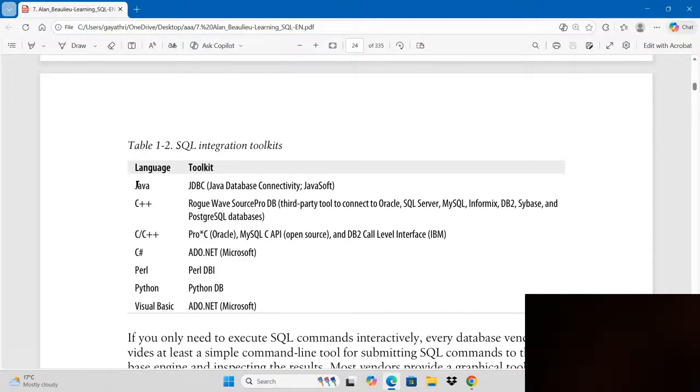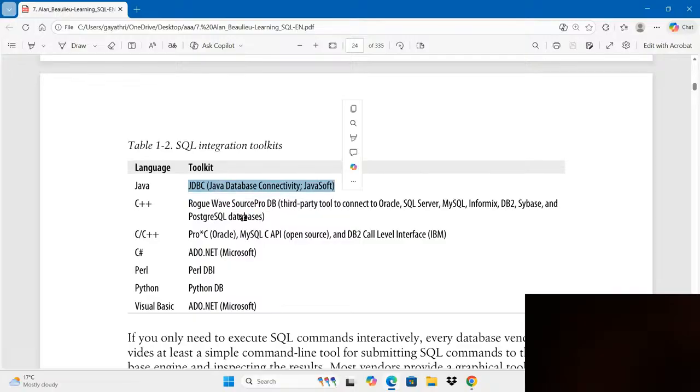We will interact SQL with other languages by using these tools. We interact with Java using JDBC. There is an interaction between Java and SQL by using this toolkit package.